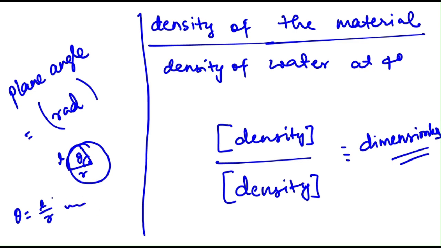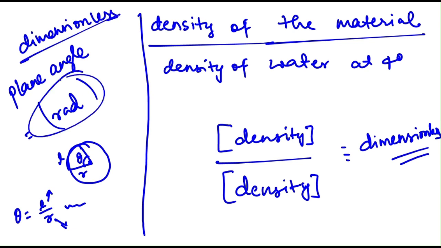But our focus will be on dimension, what it should be. Look, the quantity in numerator has dimension of length and the quantity in denominator has dimension of length. So ultimately this plane angle is a dimensionless quantity, because it has unit.